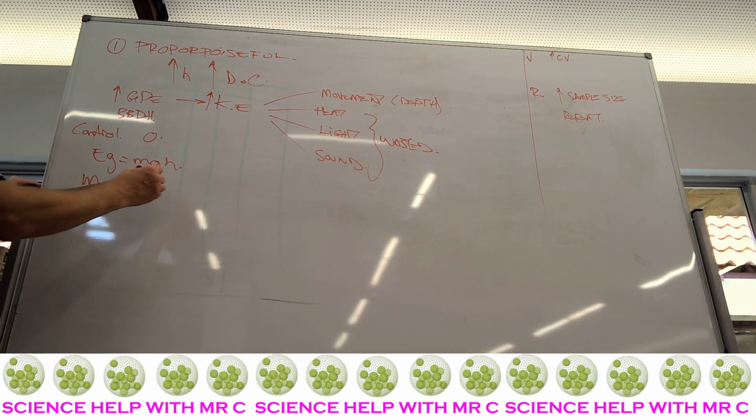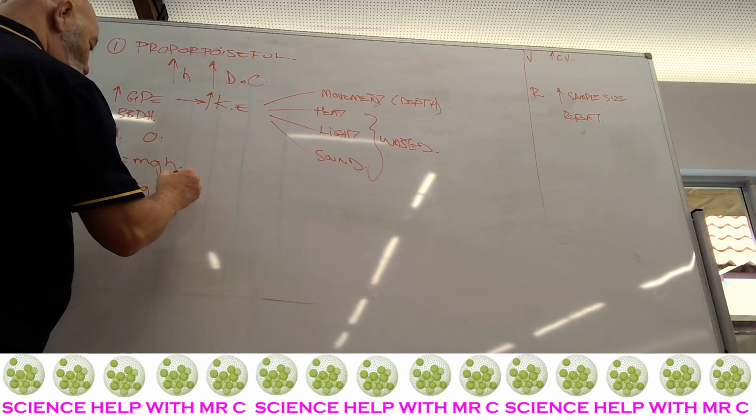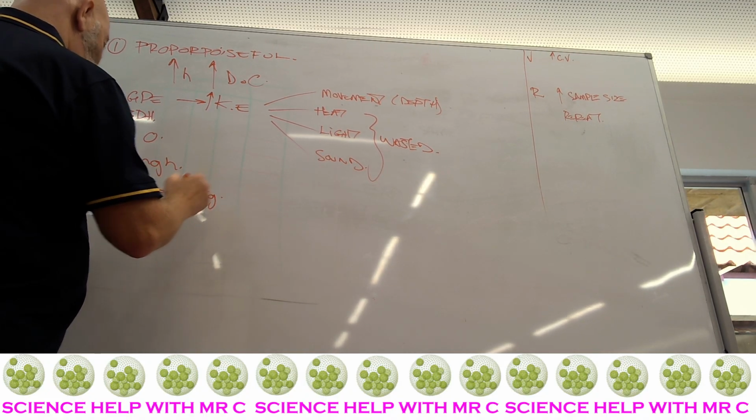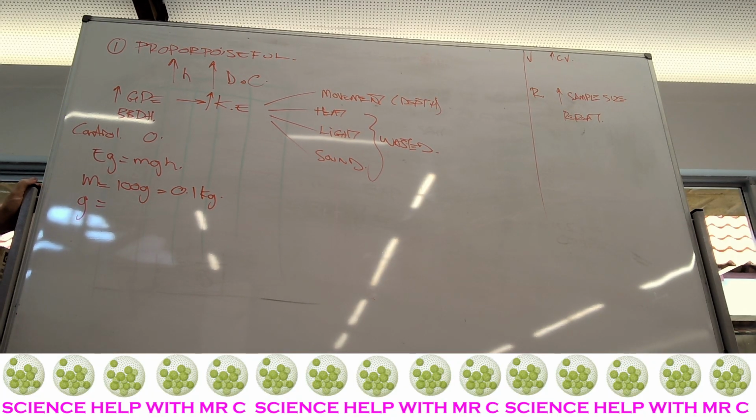Right. This is in kilograms. So what's 100 grams in kilograms? 0.1 kilograms. Gravity on Earth is 9.8. 9.8 what? Meters per second per second.